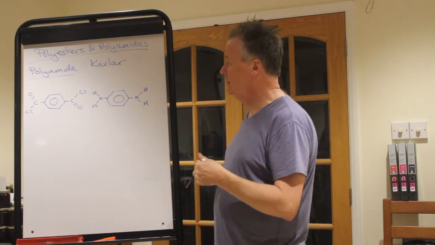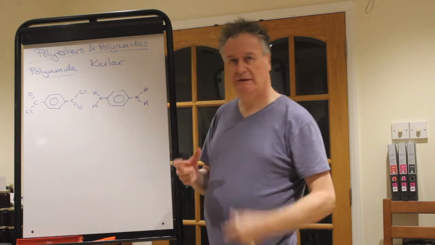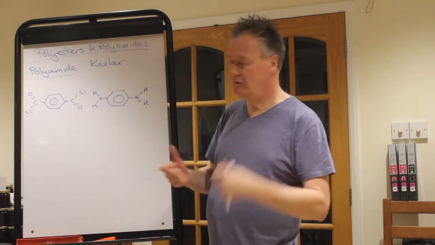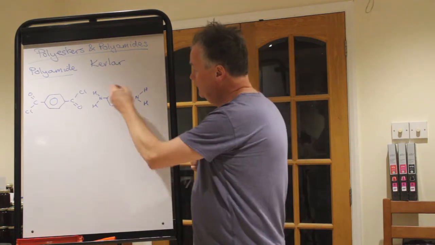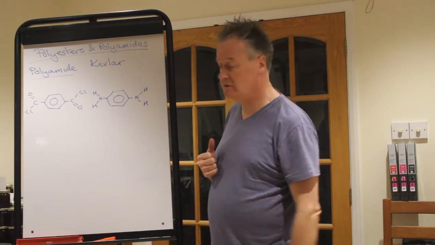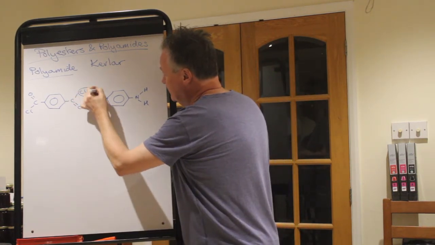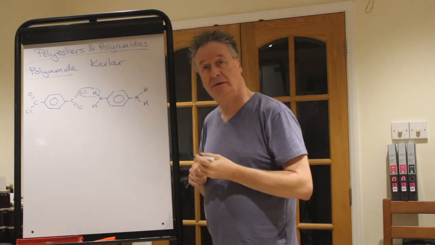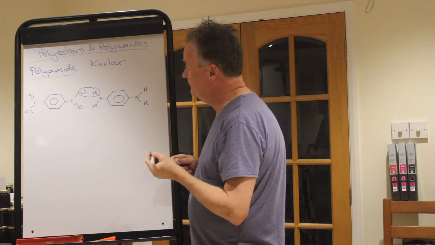Fantastic material, all down to its chemistry. Those are the two monomers. Again, the dual functional group feature in both monomers, both with a benzene ring in the centre, both 1,4 structures as well. And of course, as it's a polyamide, there's the kick out of the small molecule, HCl.